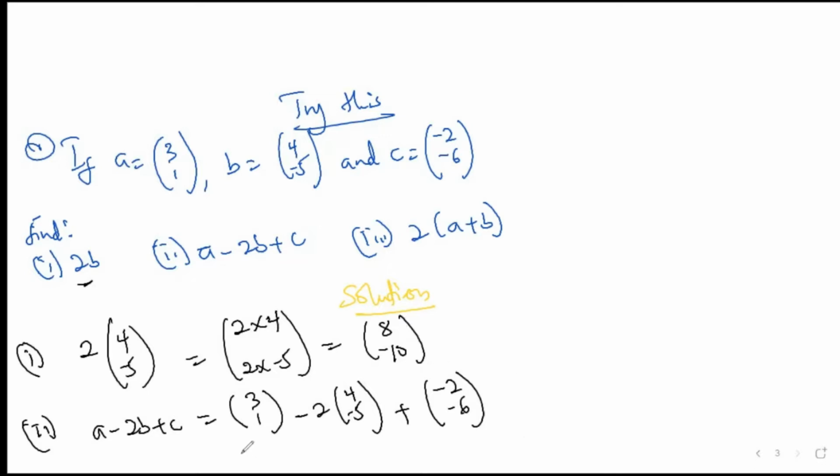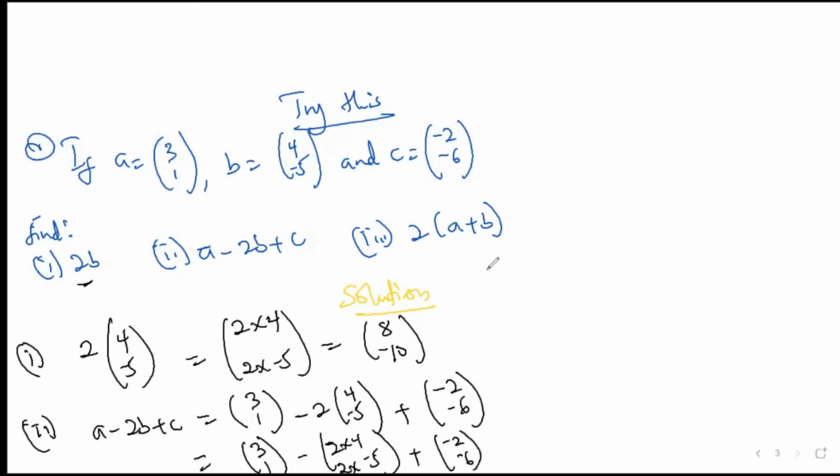Okay, then we did what? So (3, 1) minus a big bracket, open 2 times 4, 2 times negative 5, plus (-2, -6).